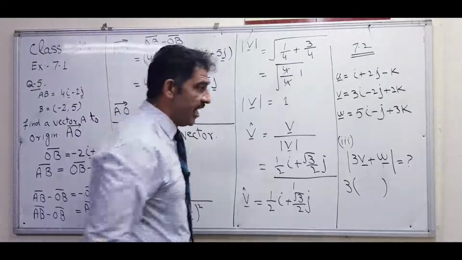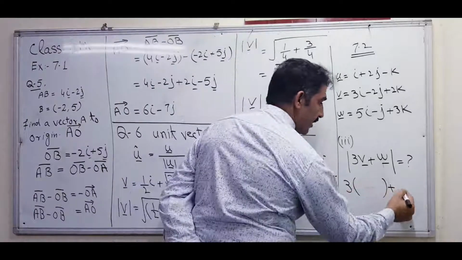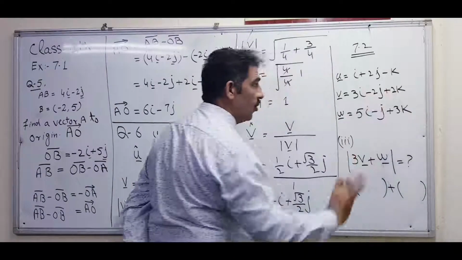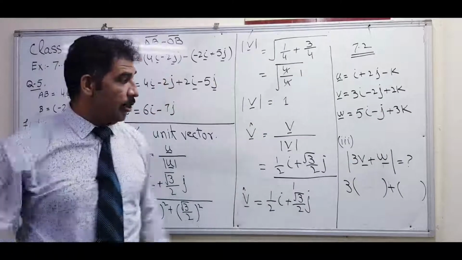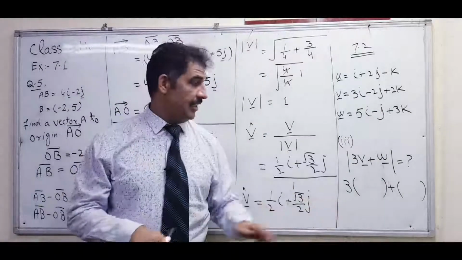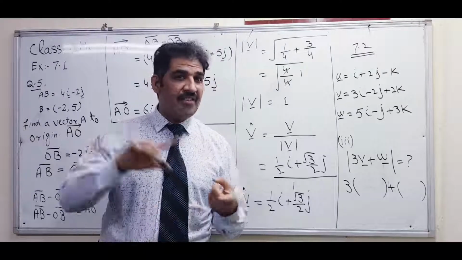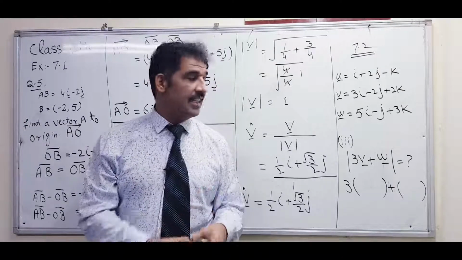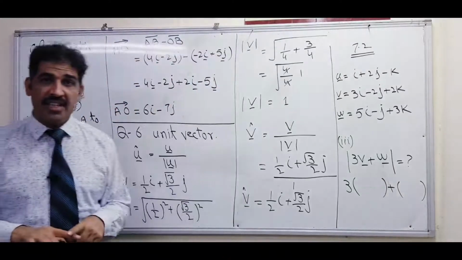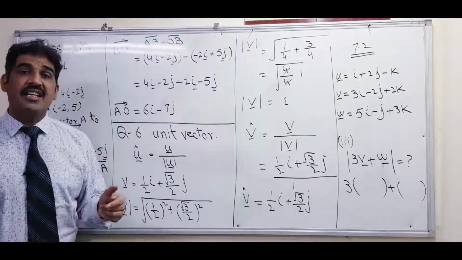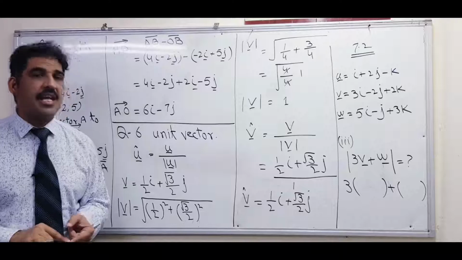Then plus w, no need to multiply it by any number. Open the brackets. What is the sign between them? Plus. So add the i component with i, the j component with j, and the k component with k.